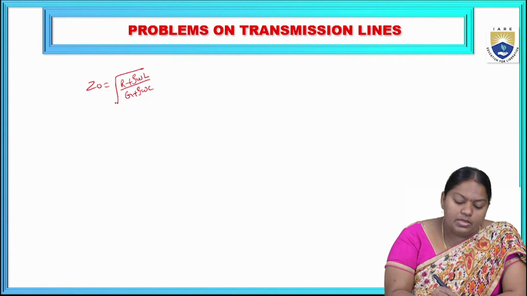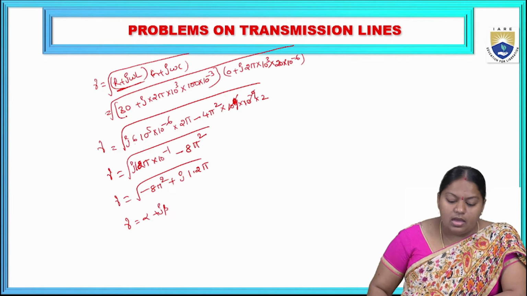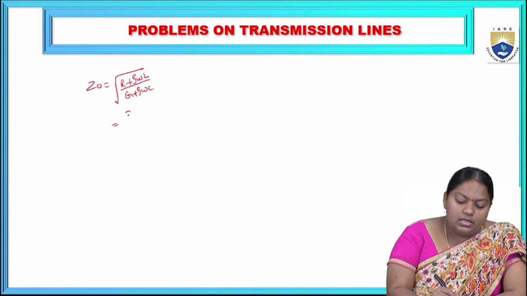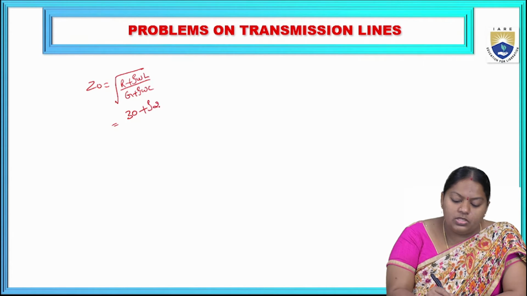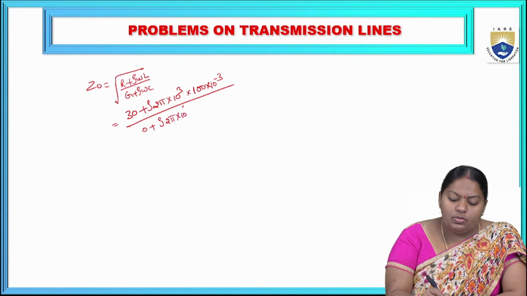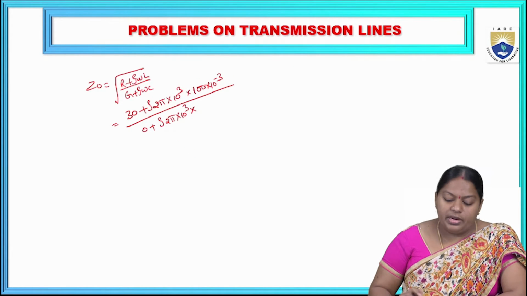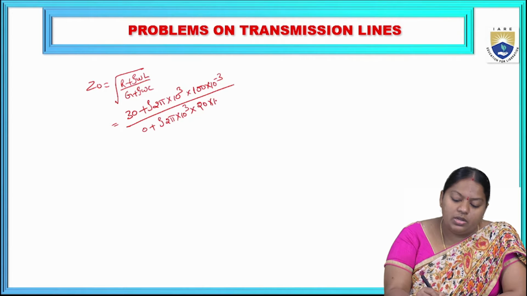So for R plus j omega L, the R value is 30, plus j omega means 2 pi into 10 cube into the L value, which is 100 milli, that is 10 power minus 3, by the G value which is 0 plus j omega, meaning 2 pi into 10 cube into the capacitance value, which is 20 microfarads, that is 20 into 10 power minus 6, all under root.